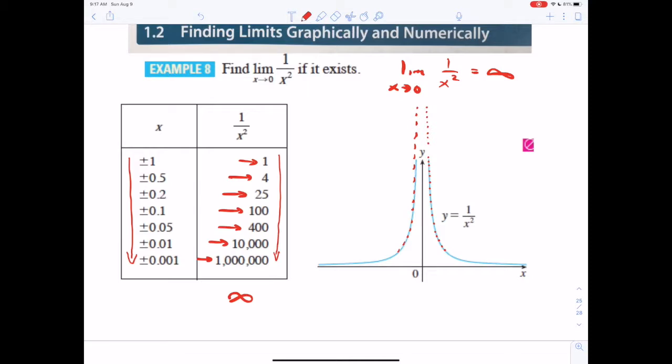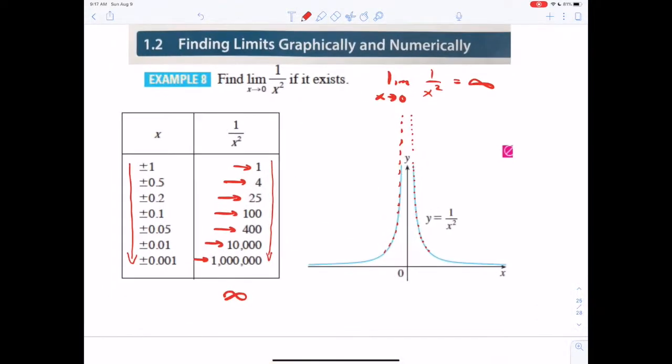And this is where some authors disagree, but I'll tell you what I think is right, okay? If you go back to your definition, the very first line says what, right? It's the y value. By definition, a value is a number. It's finite, right?